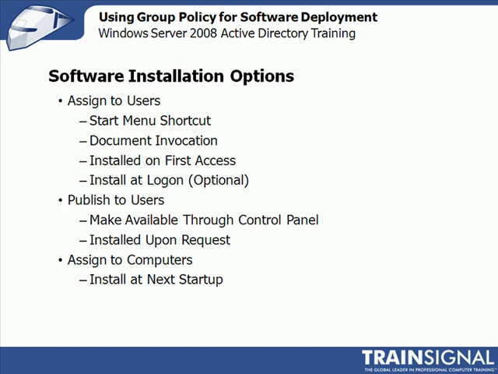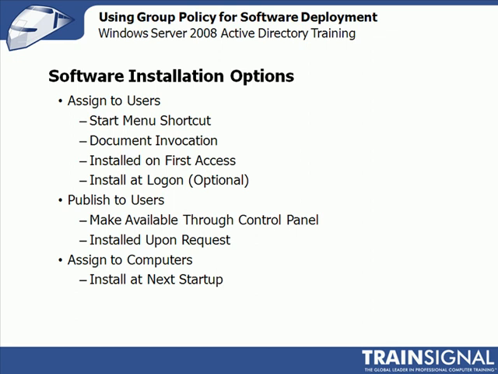The actual installation takes place when you have what's called a document invocation. What that means is, for instance, let's say we've deployed Acrobat Reader. The PDF extension will be associated with that software, and the first time a user accesses a PDF document or attempts to access a PDF document, Acrobat Reader will be installed.